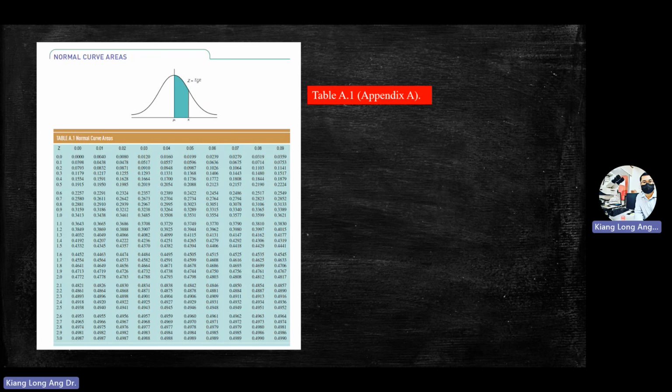Why? We are assuming we have a perfect bell curve, a perfect statistical distribution. We call it the normal curve area. So the Z is you shift the location of your Z.